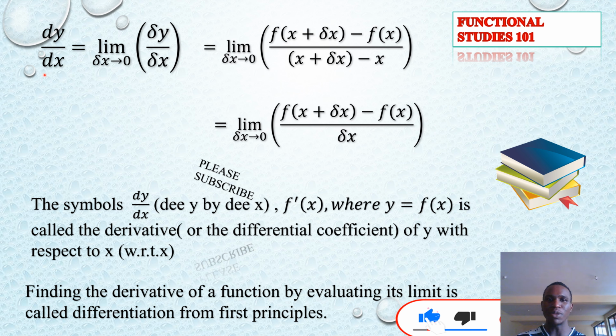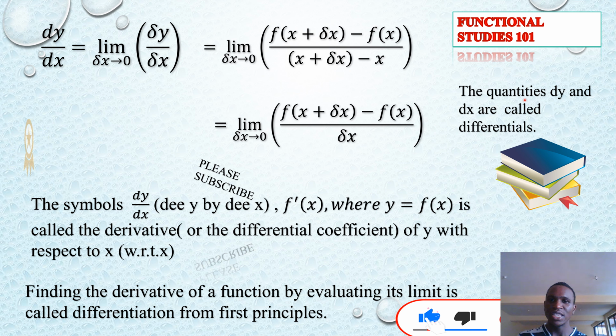And we'll use this formula that you are seeing here, dy on dx equals this, which is finally equal to this. This is a simplified form of it. Okay, we're going to see how to apply it subsequently. This quantity dy and dx, they are known as differentials.